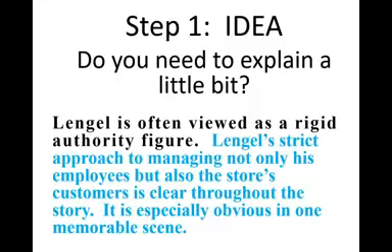It is especially obvious in one memorable scene. So, really primarily in this sentence right here, we get a little fuller explanation of what we mean by this term rigid or rigid authority figure. So, giving that explanation helps the idea for this paragraph to become clearer for the reading audience.